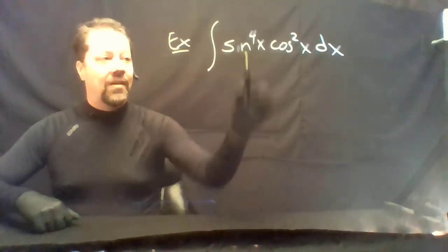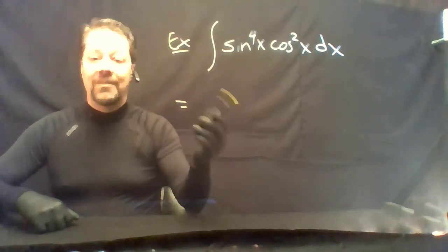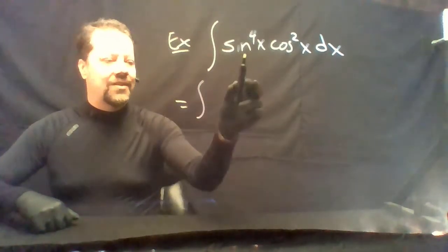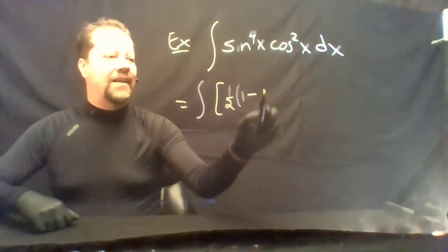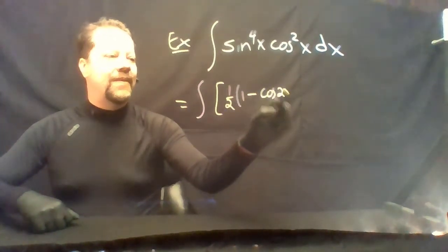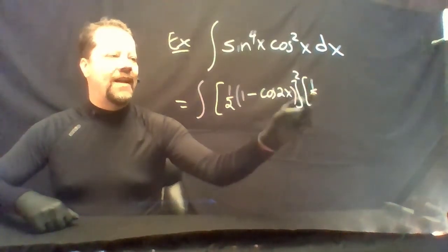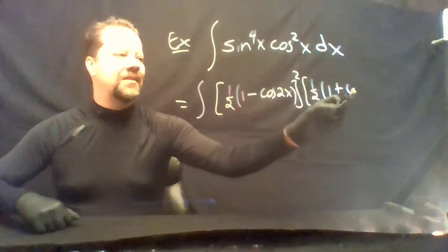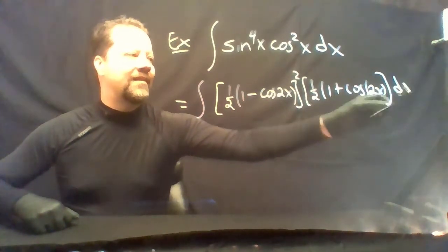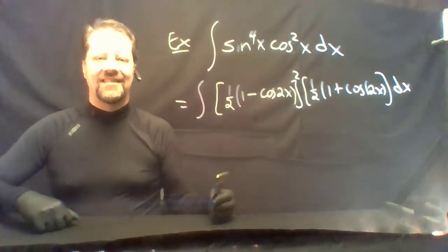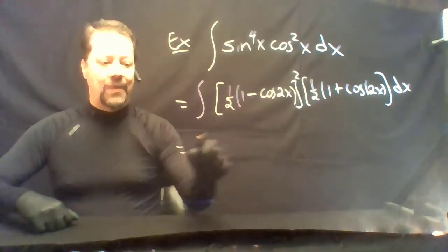In this case, all of the powers present are even. We'll use half-angle identities. So we'll have 1/2, 1 minus cosine of 2x squared times 1/2, 1 plus cosine of 2x dx. 1/2 squared is 1/4 times 1/2 is 1/8.